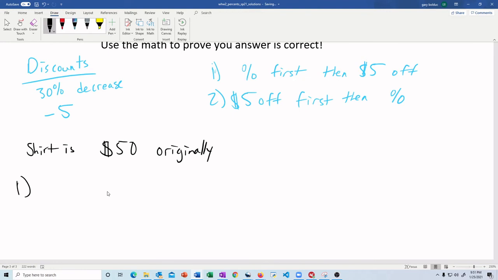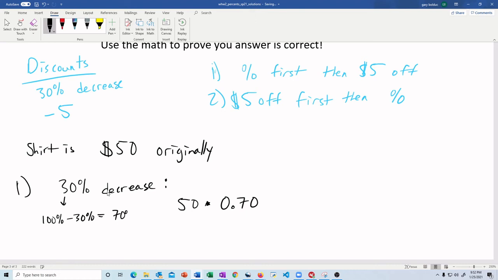So the first thing we're going to do is a 30% decrease. Okay, how do I do that? Well, I take my original amount, I multiply by 0.7. Remember, 30% decrease, 100% minus 30% is 70%.